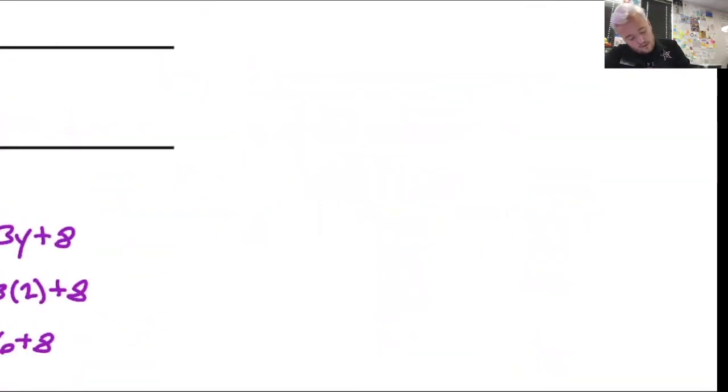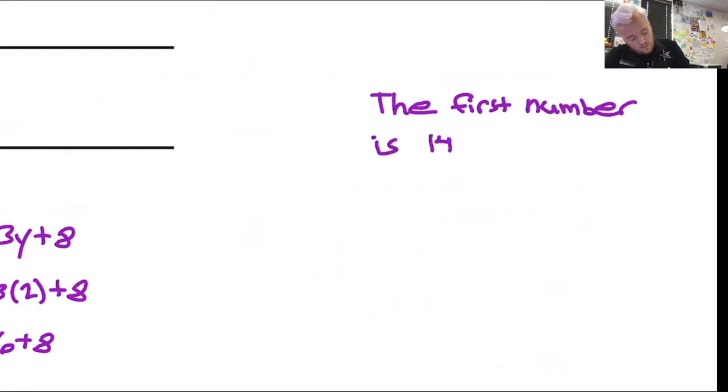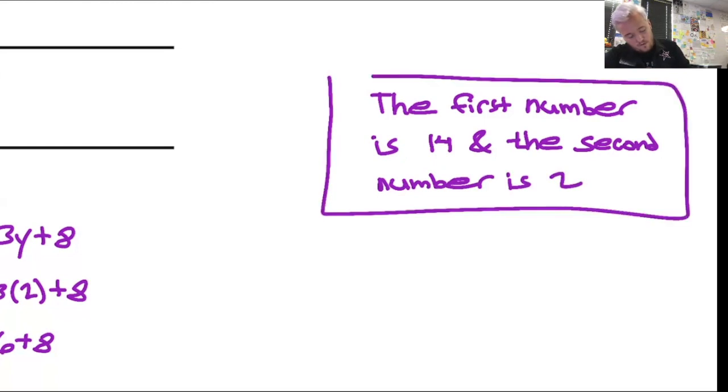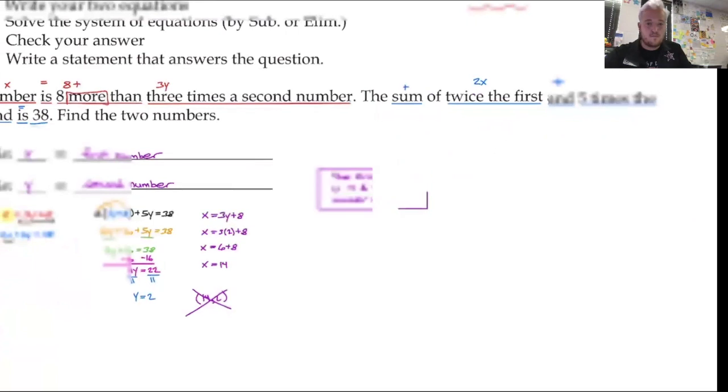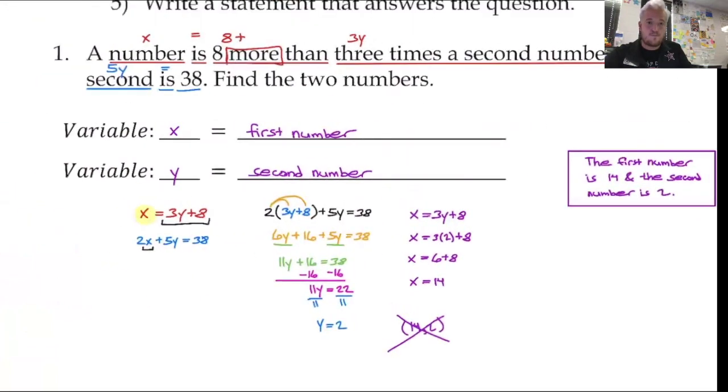So I'm going to say the first number is 14, and the second number is 2. So it just has to be a sentence.